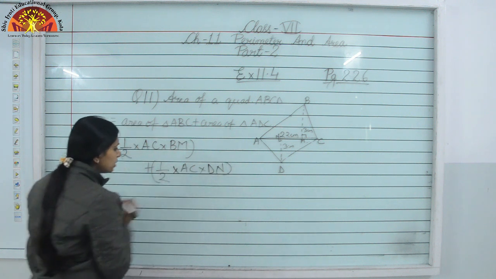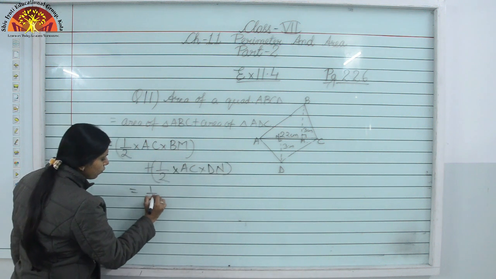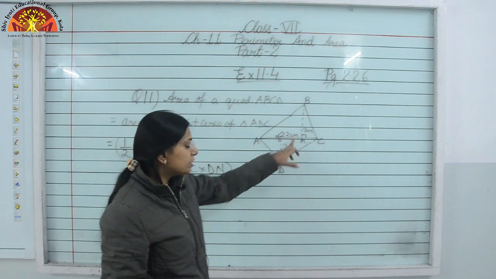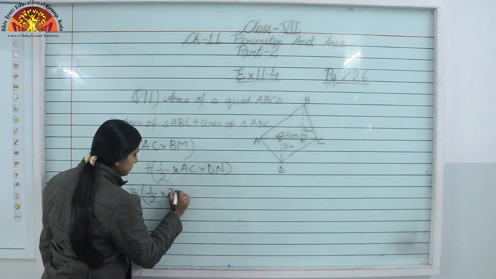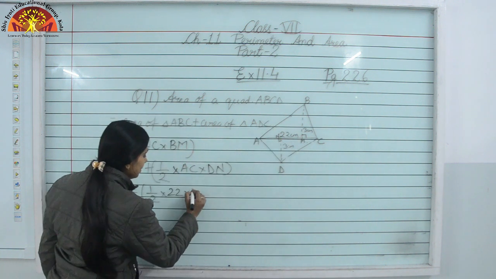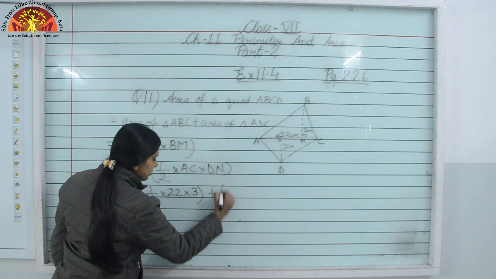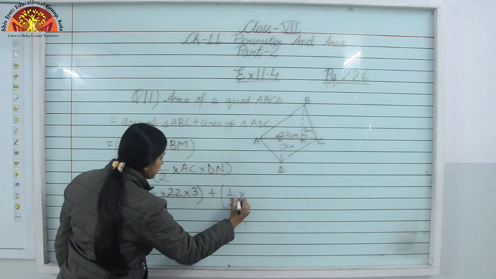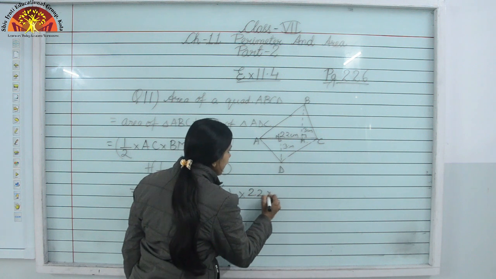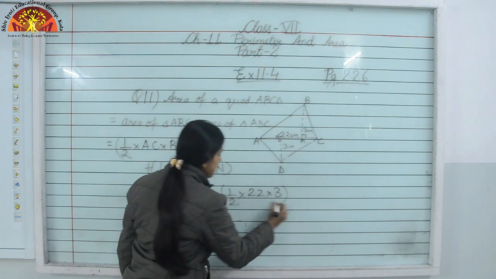Now you can substitute the values. So half of AC, that is 22 centimeter. And what is the height? That is BM is 3 centimeter, plus half into AC, that is 22, and DN is again 3 centimeters.